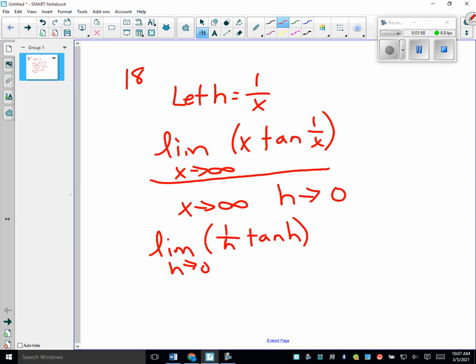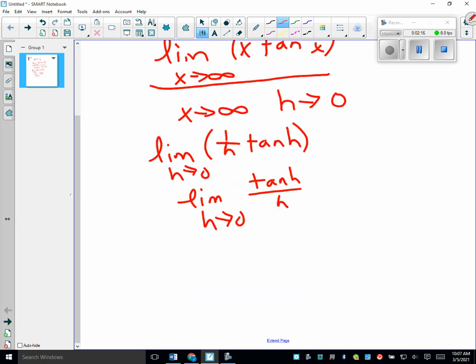Because if h is 1 over x, isn't x 1 over h? So now I have the limit as h approaches 0 of tan h over h.